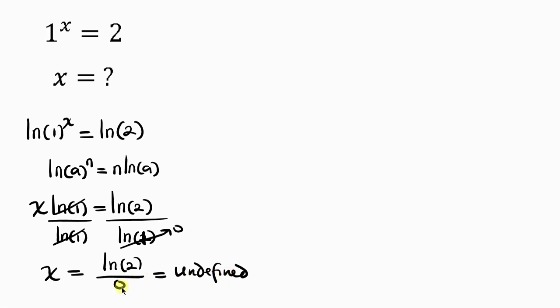That means we do not have real solutions, but we're going to be having a complex solution. Now, how do we solve for a complex solution? In order for us to get the complex solution, we're going to be using Euler's formula. For example, we know that e to the i theta is equal to cos theta plus i sine theta.